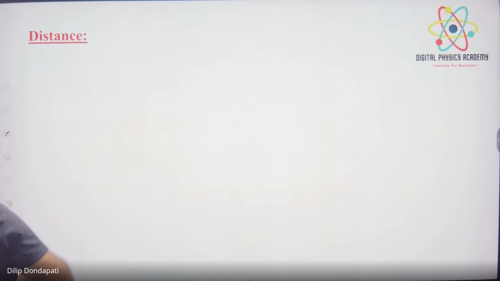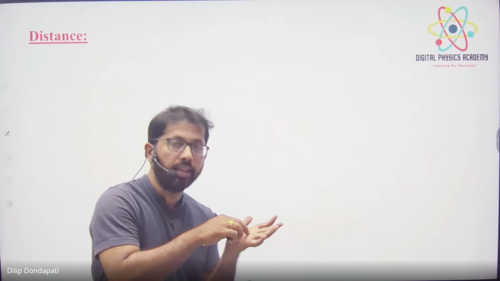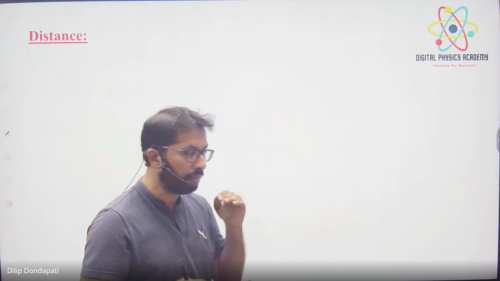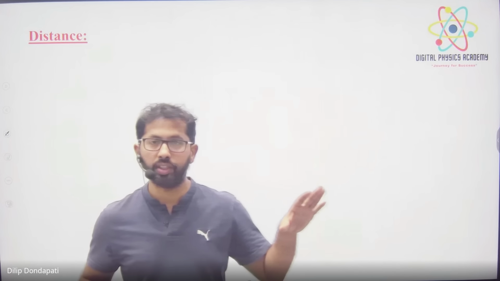Tell me, what do you know about distance? Distance is the actual path length covered by an object from one place to another. When you walk, how much path length you cover is called distance.